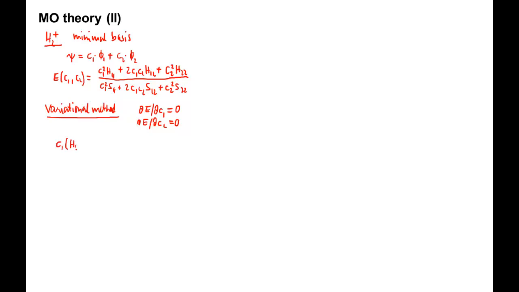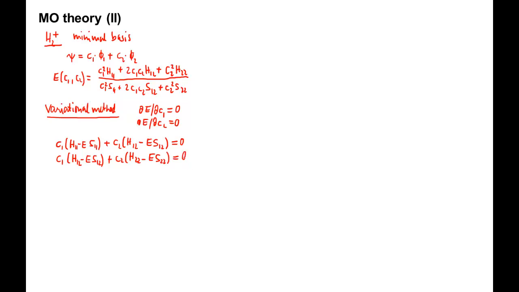C1 times (H11 minus E S11) plus C2 times (H12 minus E S12) equals 0. That's the first equation. And C1 times (H12 minus E S12) plus C2 times (H22 minus E S22) equals 0.